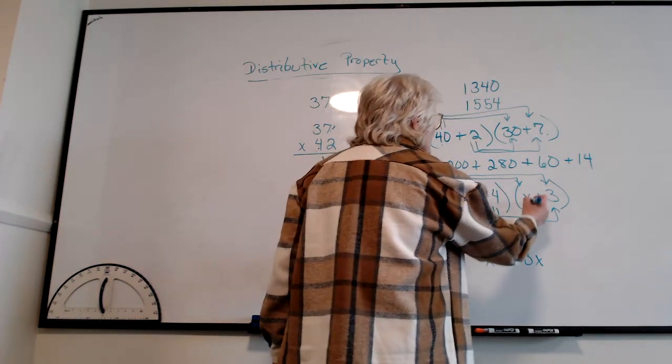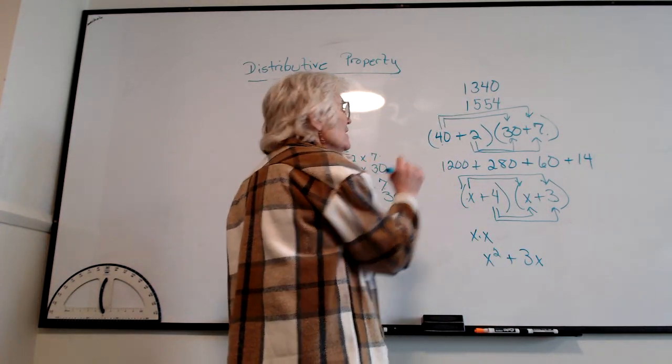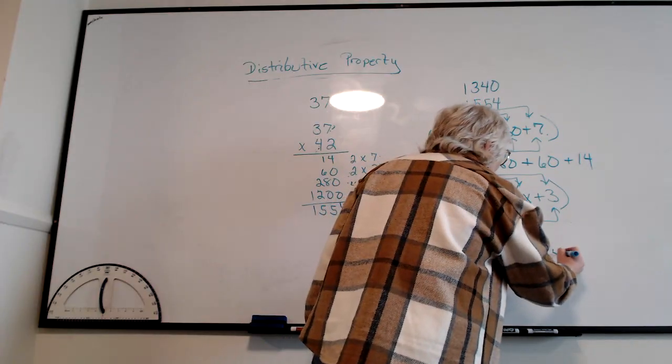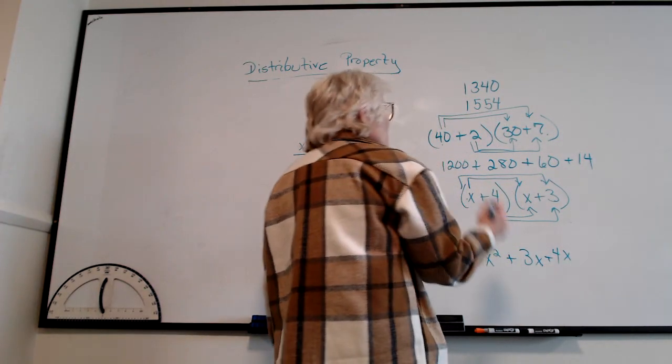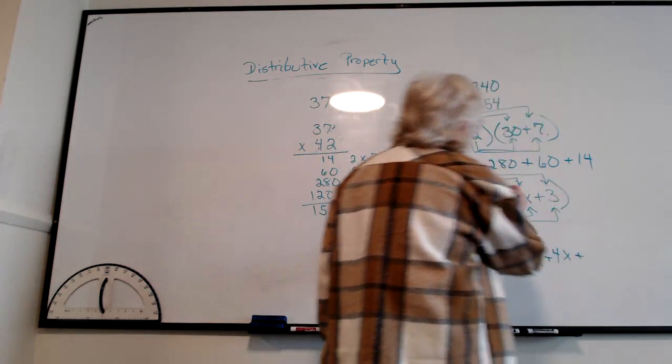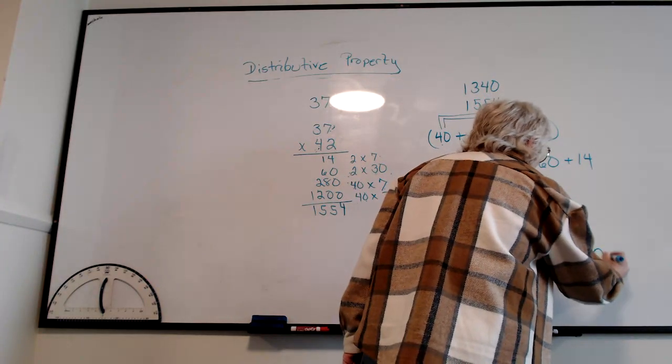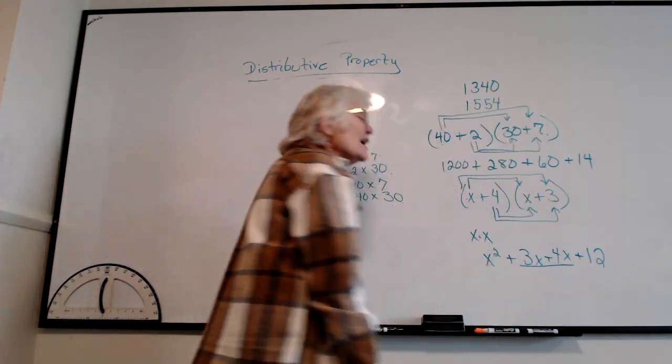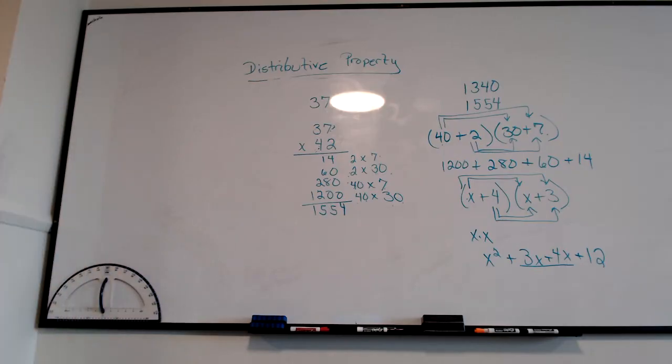Now you do the 4 times the x, which is 4x, plus 4 times 3, which is 12. Now you can put together what you can. x squareds can't be added to x's, but x's can be added to x's. So I have 3x and 4x, which is 7x.